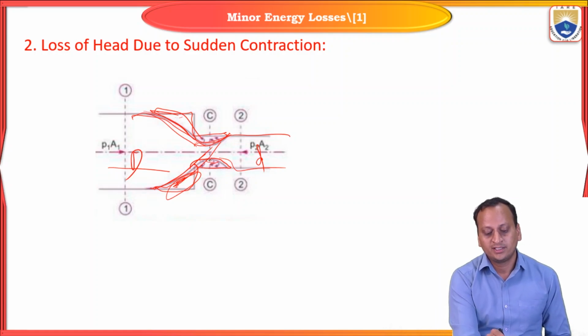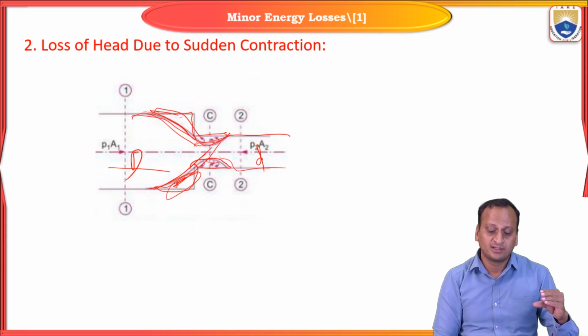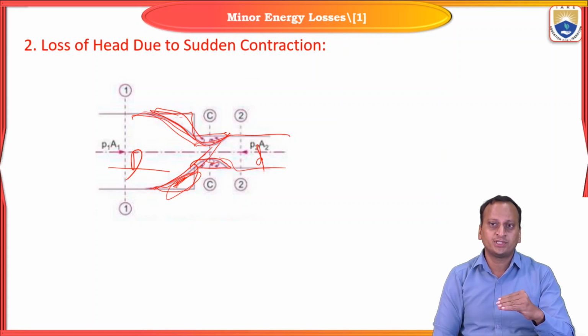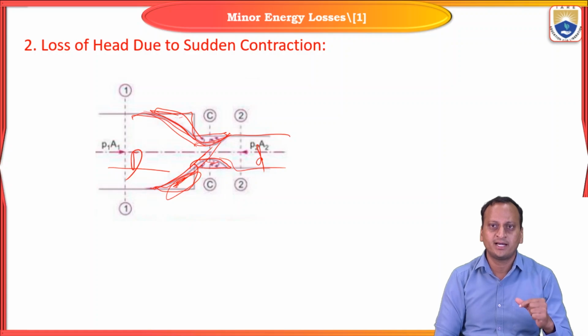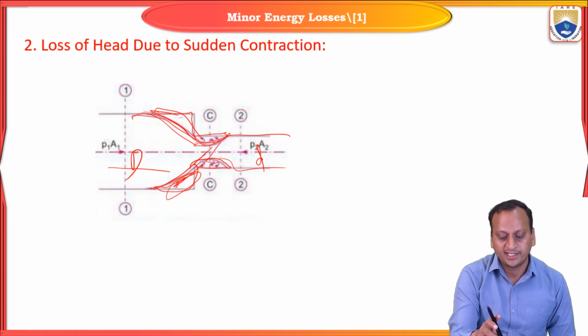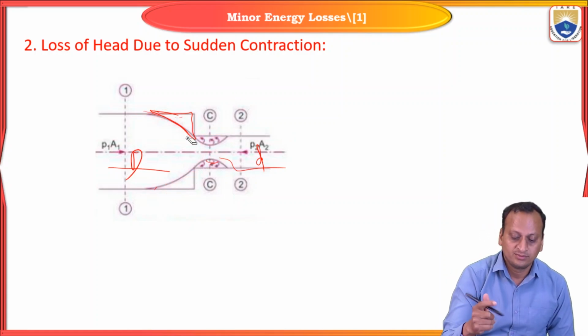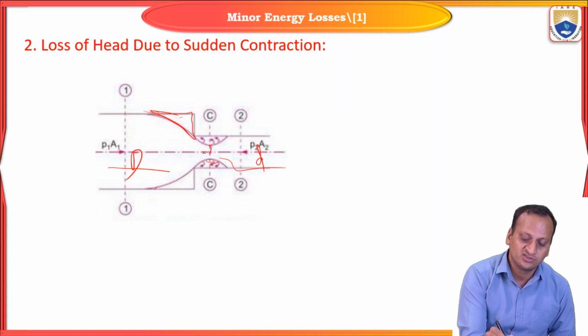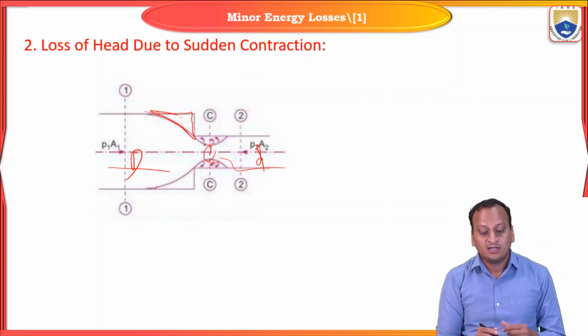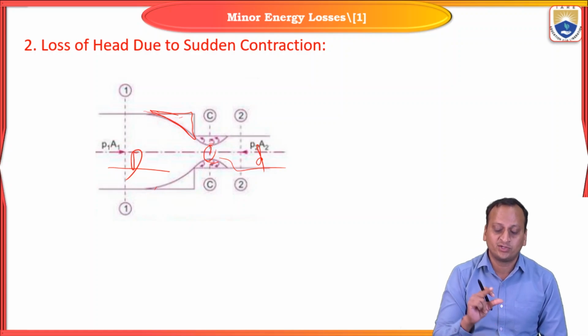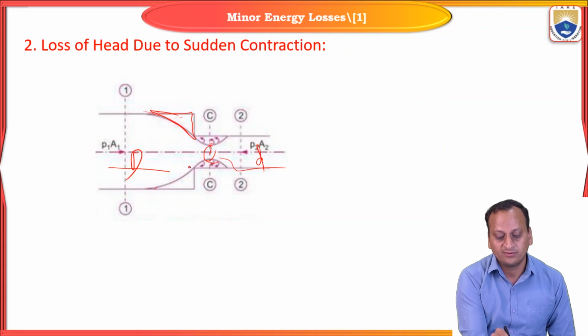Therefore, the diameter goes on decreasing up to some portion. At some point, the lowest diameter of the flow passage occurs. This minimum diameter is known as the vena contracta. After this, the flow gradually diverges. Till this point there is converging, and afterwards there will be a diverging portion.